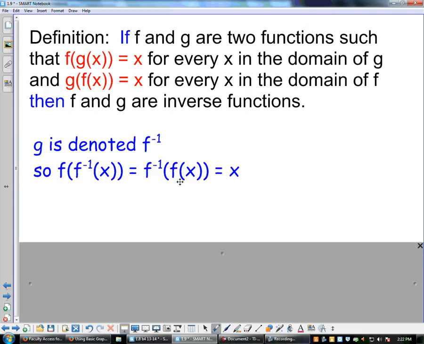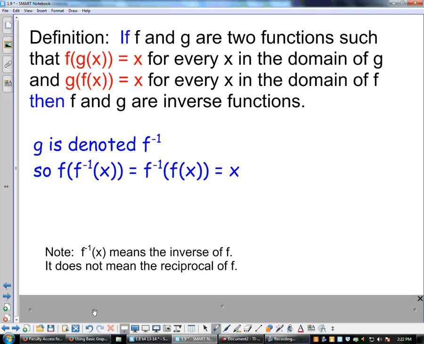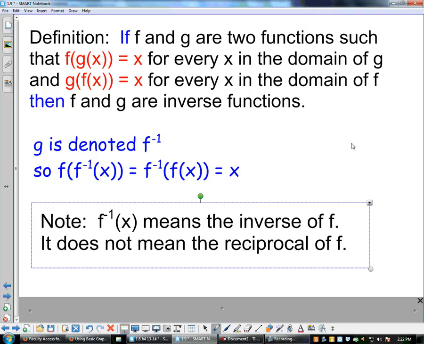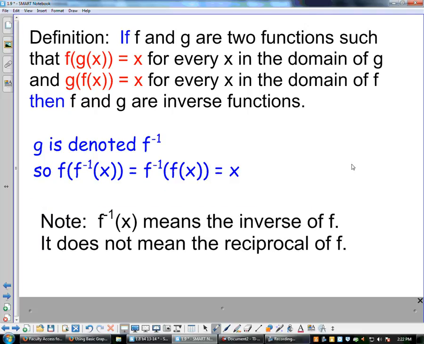All right, and this is what I wrote on the other page. The g function, though, is denoted by f inverse, all right? And I wrote this on the other page. F of f inverse of x equals f inverse of f of x, which equals x. Note, f with a little negative 1 and x means the inverse of f. It does not mean the reciprocal of f.